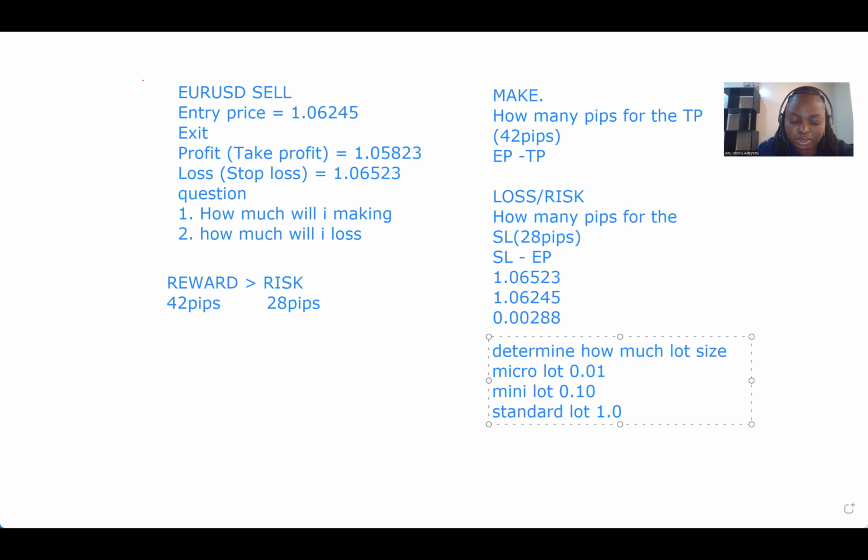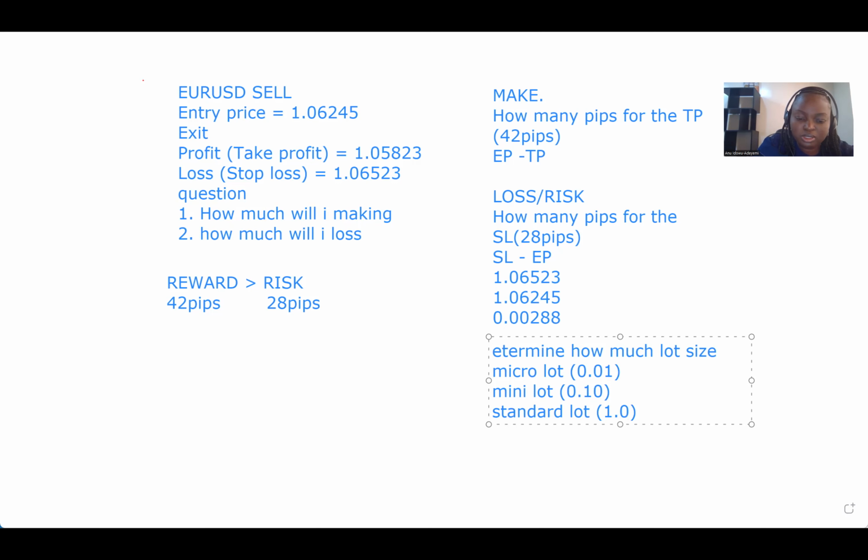We're using these 3 lot sizes as examples.